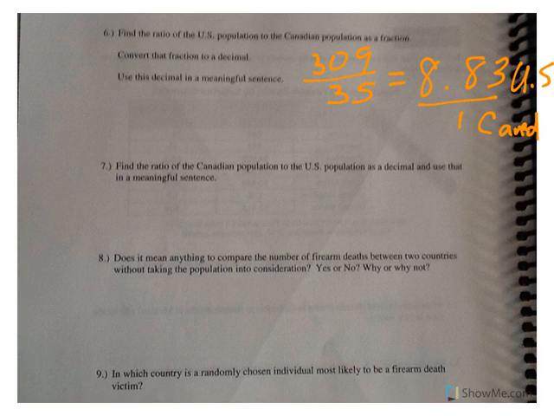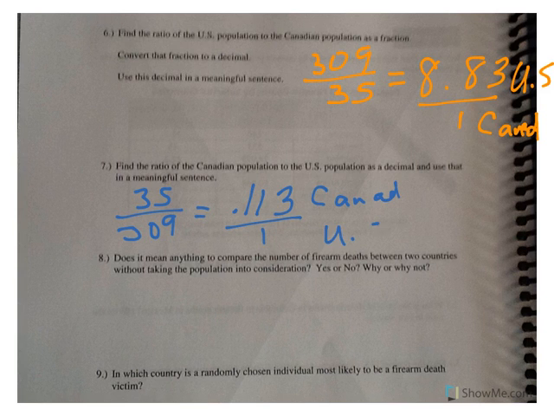Number 7, find the ratio of Canadian to U.S. Now we're just going to flip it. If I put the Canadians first to 309 Americans and change that to a decimal, I get 0.113. So there are 0.113 Canadians to every 1 U.S. person. So 6 and 7 are flips of each other.